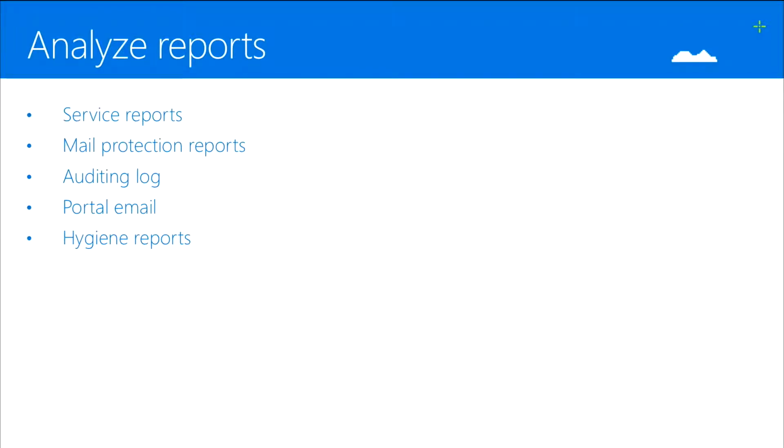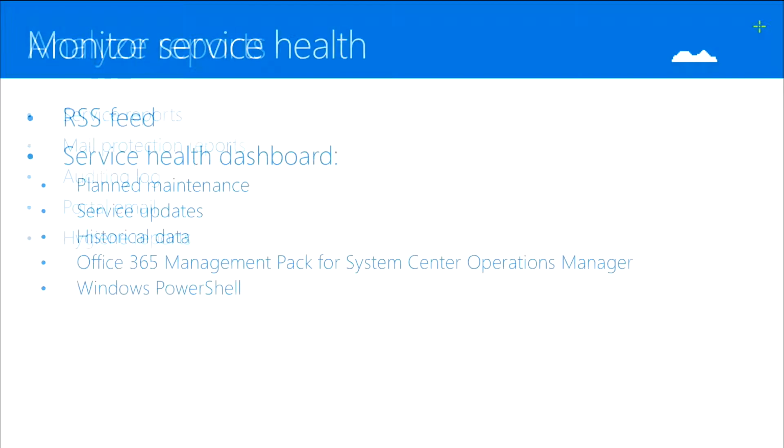Very, very easy. There's also auditing as well, and there's various different reports. Other ways that you can get information, Microsoft also do an RSS feed, but primarily definitely take a look at this service health dashboard. So this lets you know about things like planned maintenance, service updates, and so on.